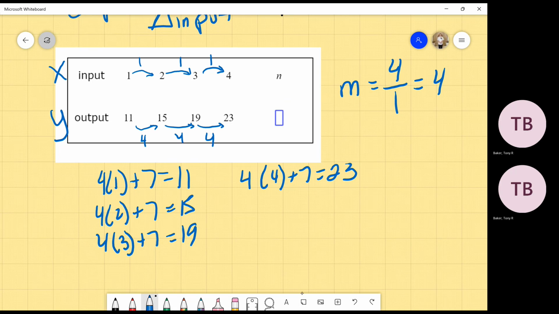You good with all those? So the answer is 4 times n plus 7. Notice all I did is change the number to an n. So 4n plus 7.